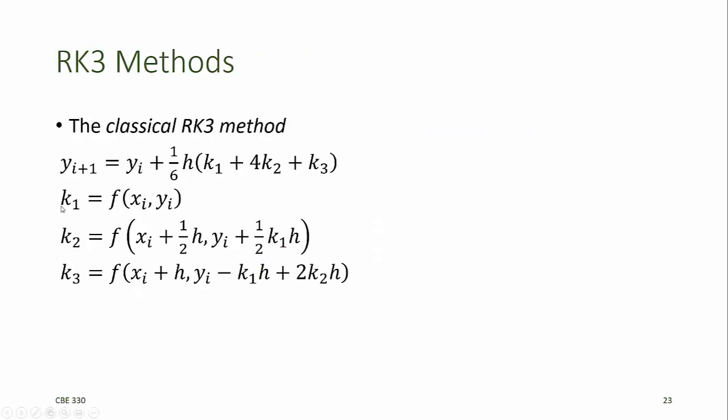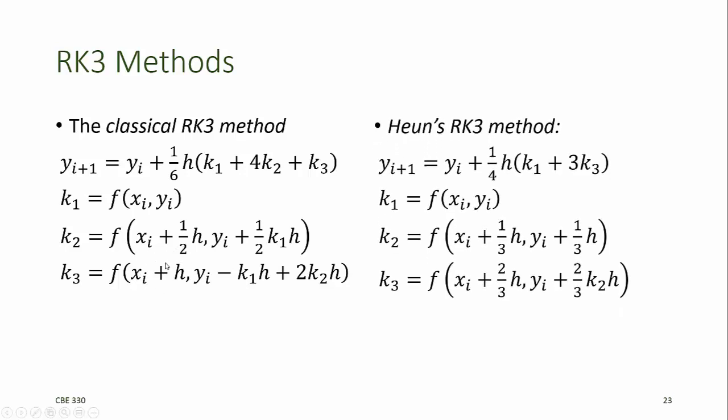What's known as the classical RK3 method combines f evaluated at xi, f evaluated at xi plus 1/2 h, and f evaluated at xi plus h. Heun's RK3 method combines f evaluated at xi, f evaluated at xi plus 1/3 h, and f evaluated at xi plus 2/3 h.